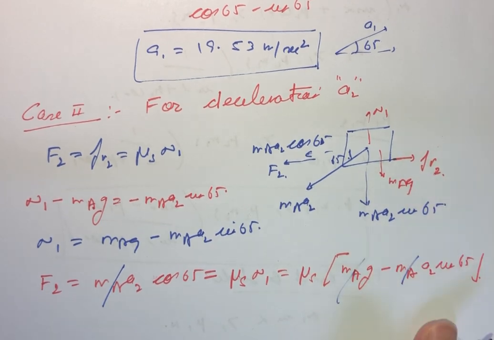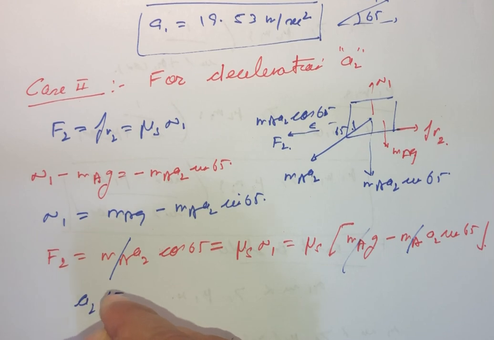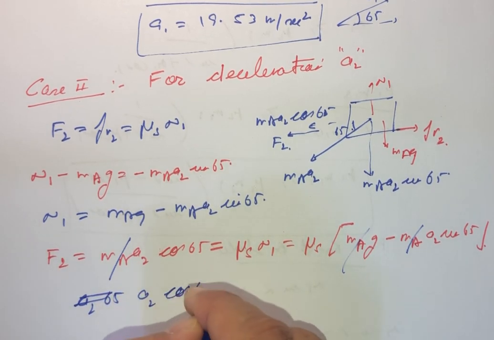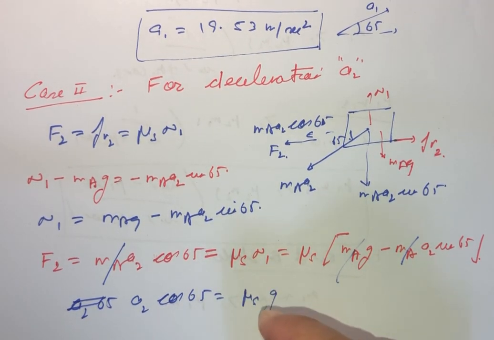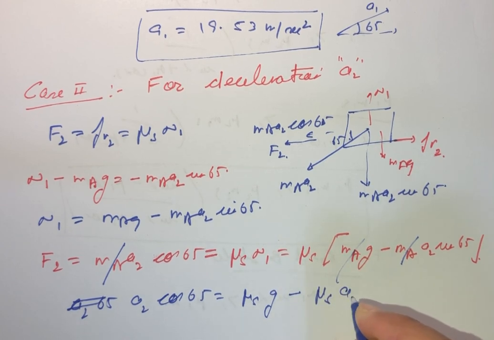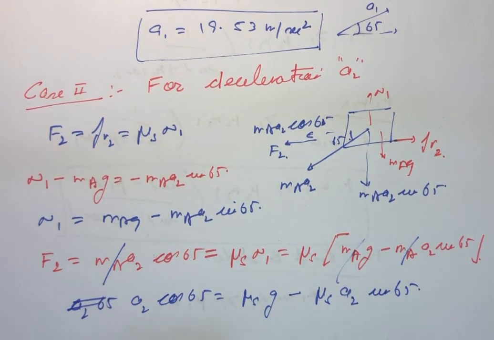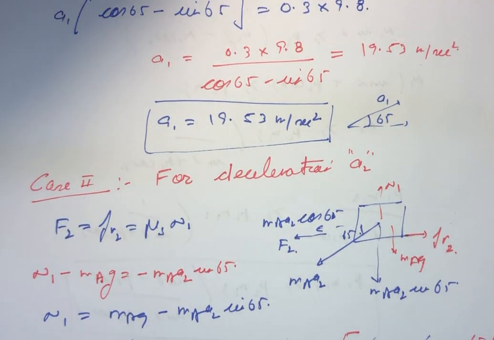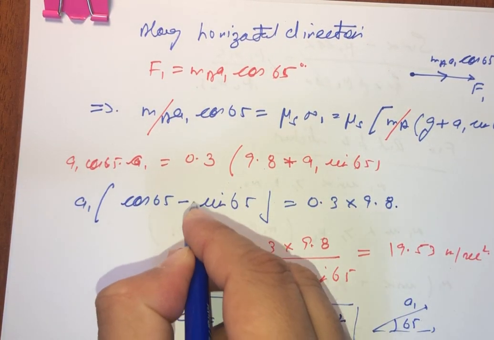So our M_A cancels out throughout. We are left with A2 cos of 65 equal to mu s g minus mu s A2 sine of 65. Here I missed mu s, my mistake.